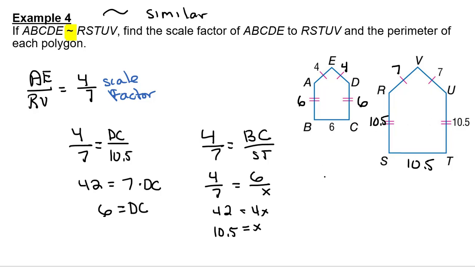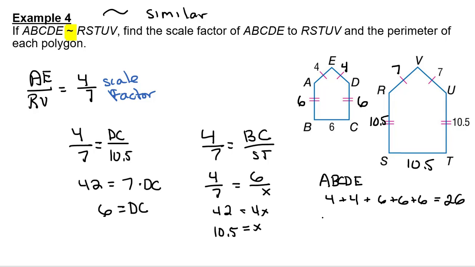So then for pentagon ABCDE. 1, 2, 3, 4, 5, a pentagon. I add up all my sides, so I have 4 plus 4 plus 6 plus 6 plus 6. So that whole perimeter is 26.